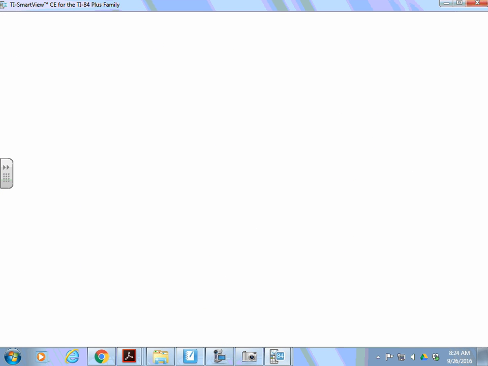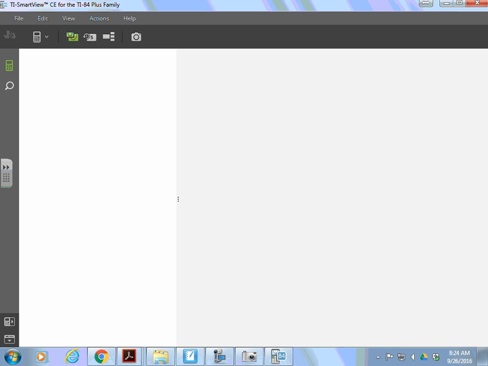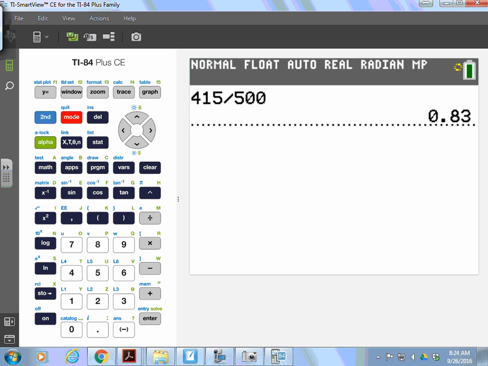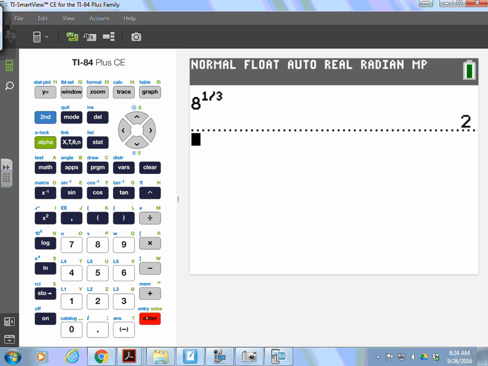So here I could say, type it in, eight to the power of 1 divided by 3, and yes, that does equal 2. Okay, so it's a correct statement.